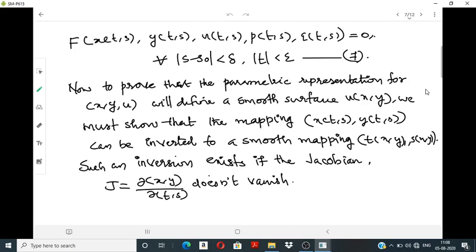Here we have to find the Jacobian in a neighborhood of the initial condition.